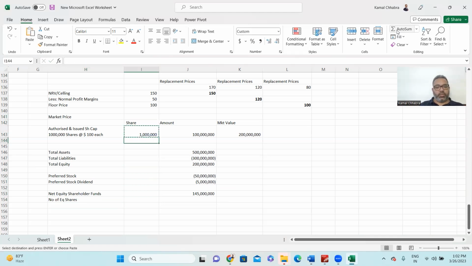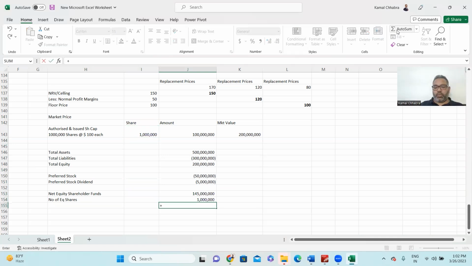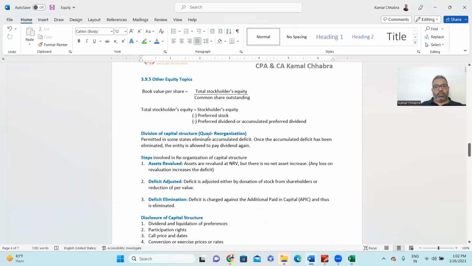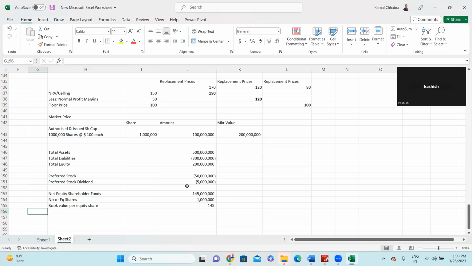Sorry, 1 million. Right. And what is book value per equity? This divided by this. This will be your book value per share. Right. This is how you need to do the math. Make sense? Yes sir.